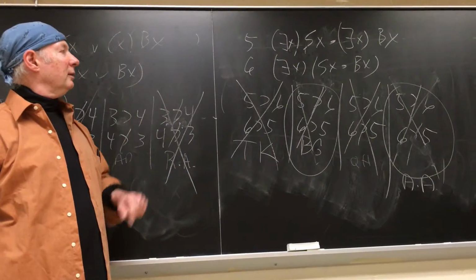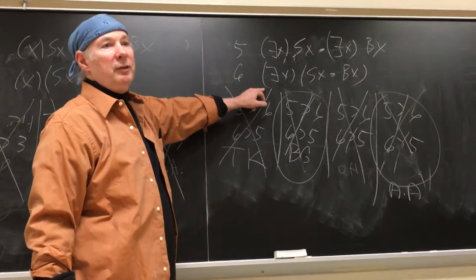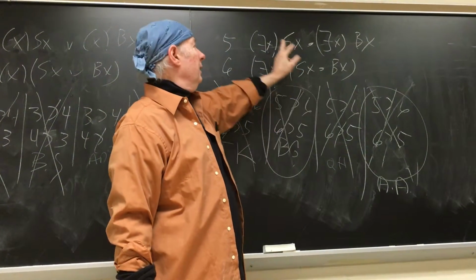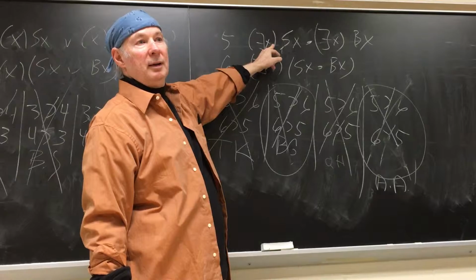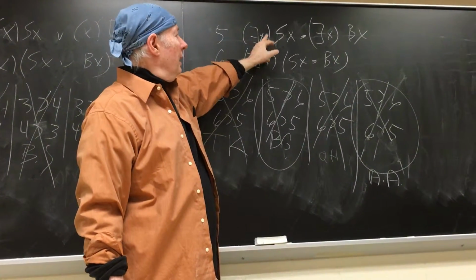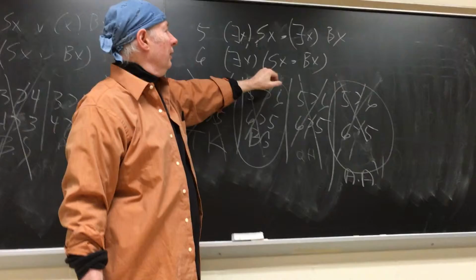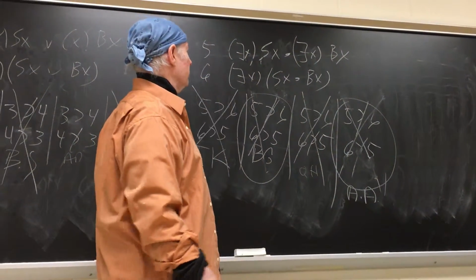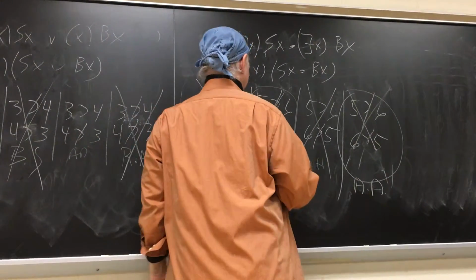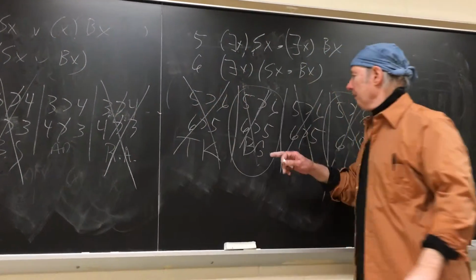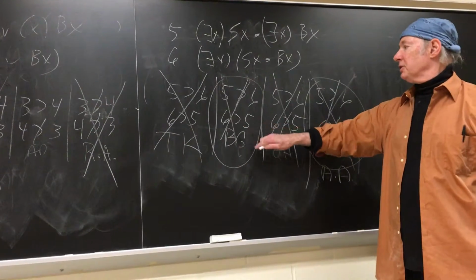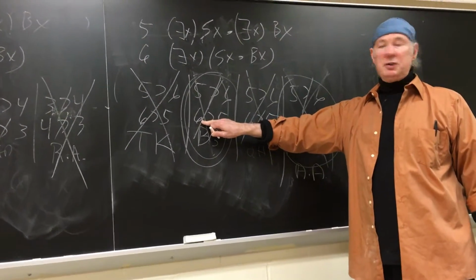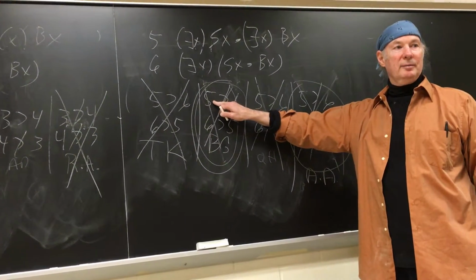Okay, now, does 5 follow from 6? If there is something that's sweet and bitter, is there something that's sweet? Yes. And if there's something that's sweet and bitter, there is something that's bitter. True. So 5 follows from 6. And so this is the correct answer. 5 follows from 6, but 6 does not follow from 5.